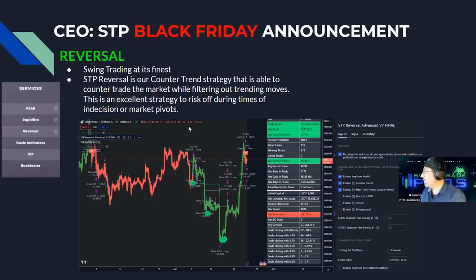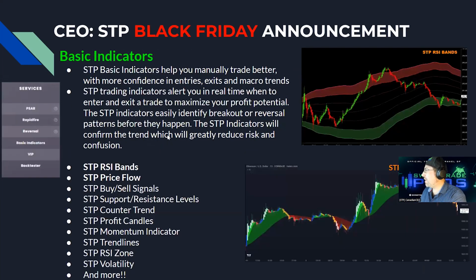All right. So then we also have the basic indicator package. Ninja Trader was talking about this before. RSI bands. You've got your RSI zone, which is great for knowing when the price is overbought or oversold. You've got price flow, which is amazing for knowing where price is at when it's overbought.